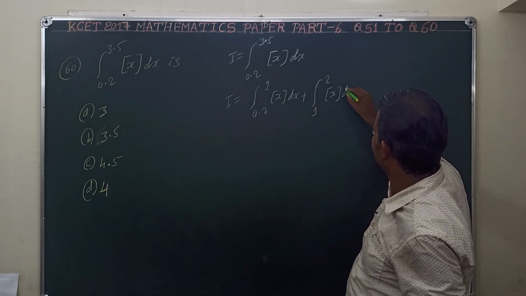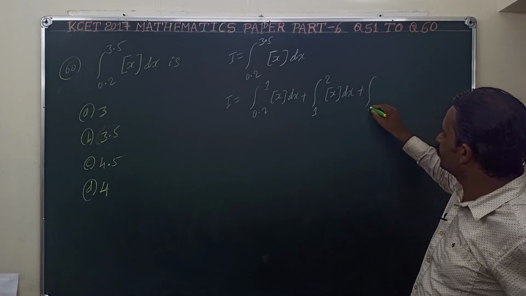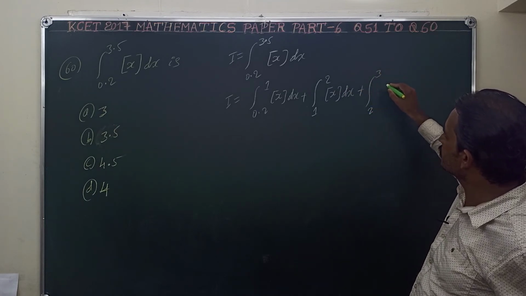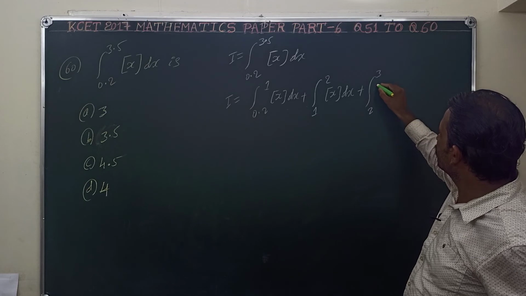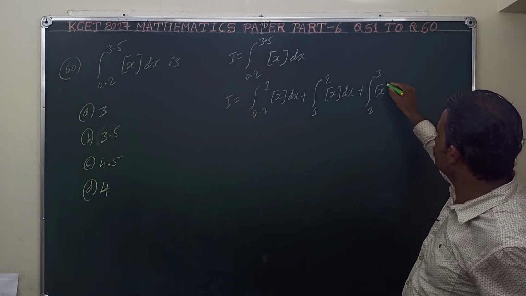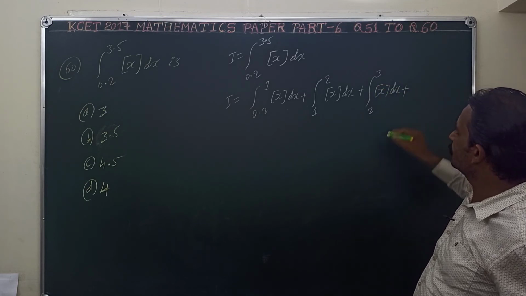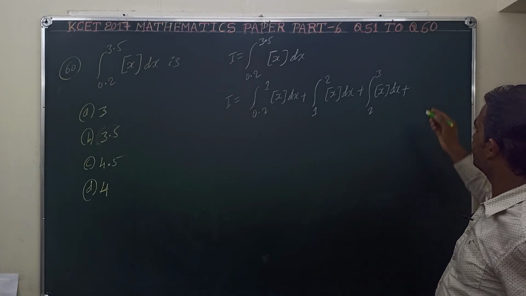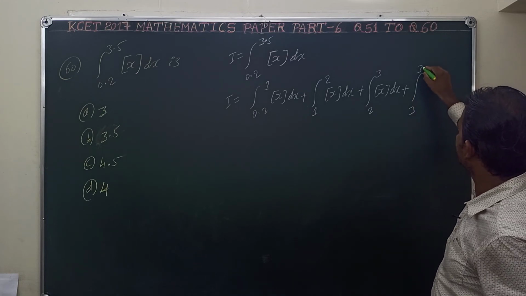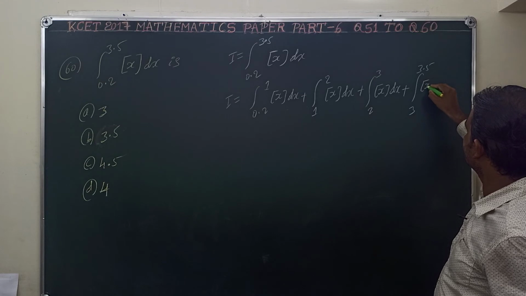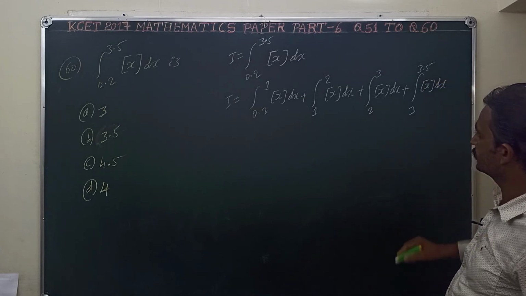x dx, plus 2 to 3, here in this case 2 to 3 greatest integer x with respect to x, plus 3 to 3.5 greatest integer x with respect to x.